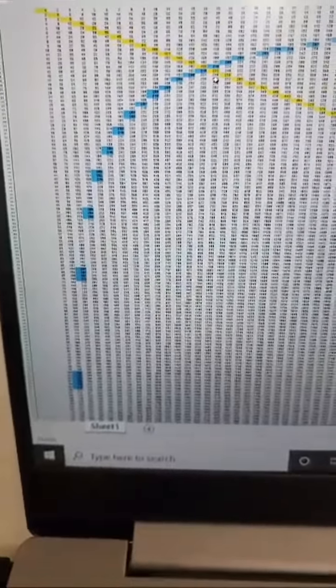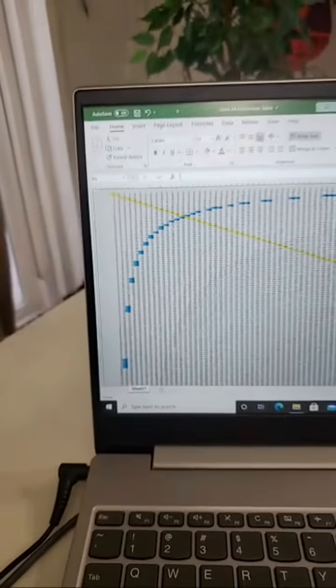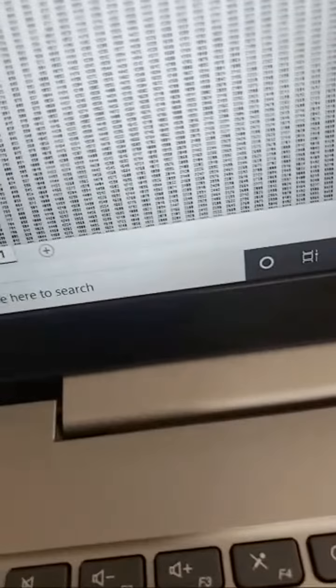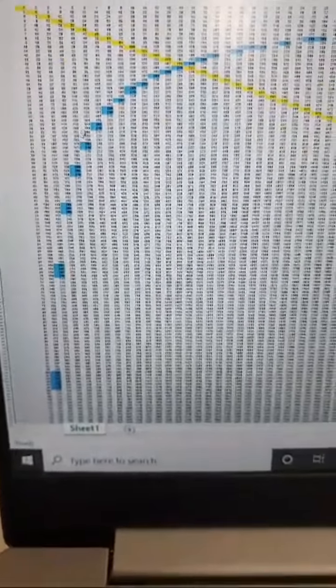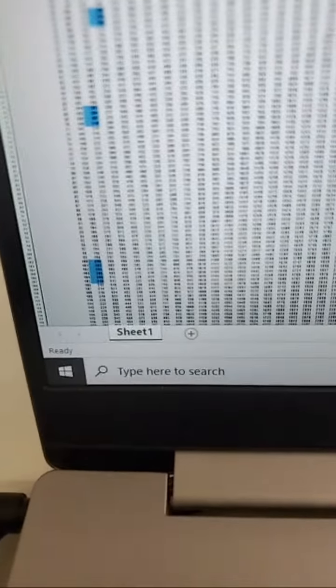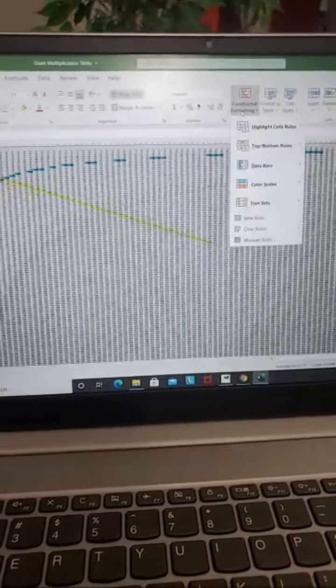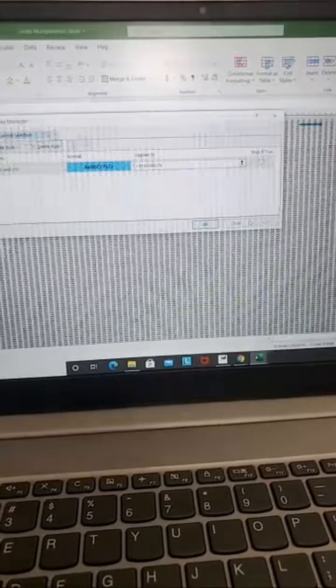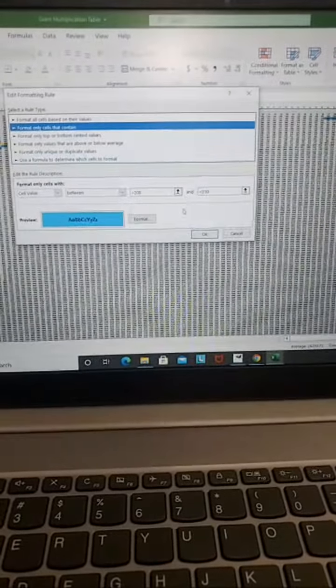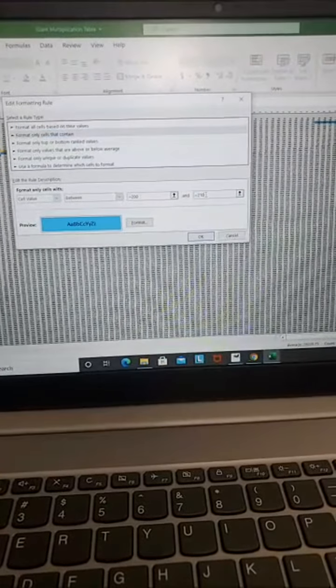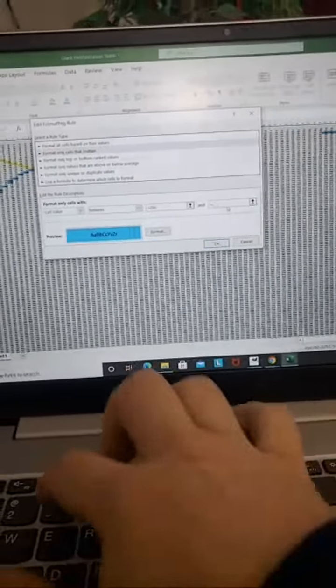It's a multiplication table, and it creates these arcs. And it very clearly falls on what happens if we extend it outward. Manage rules. Let's make this number even bigger, 200 to 300.